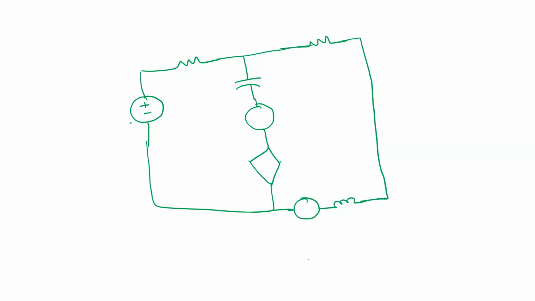So what is the value of this source? 5 by S plus 2, that is, 5 upon S plus 2. What is the value of this resistor? 2. What is the value of this capacitor? 1 by S.